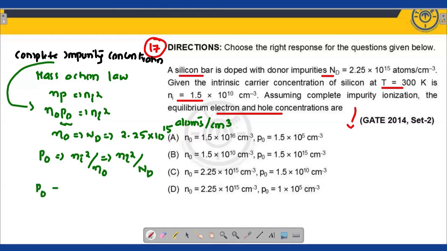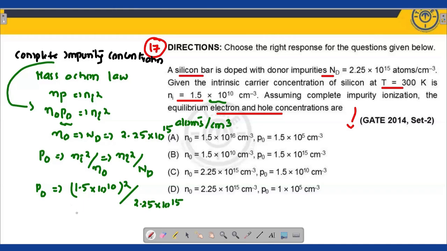Therefore, p0 is equal to ni squared over nd. My dear students, the ni value here is always constant. Then it will be (1.5 into 10 power 10) whole square divided by the nd value, which is equal to, very important, my dear students, 2.25 into 10 power 15.